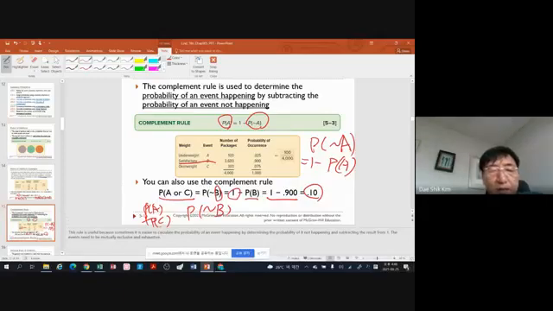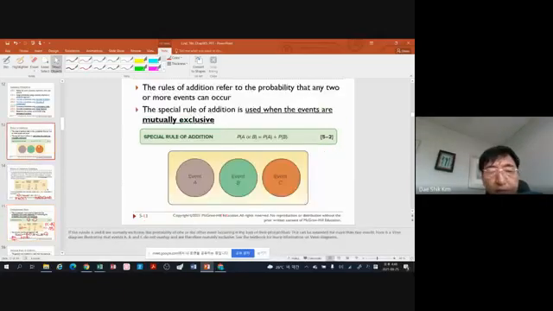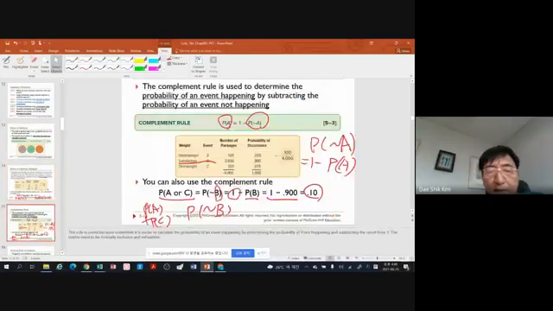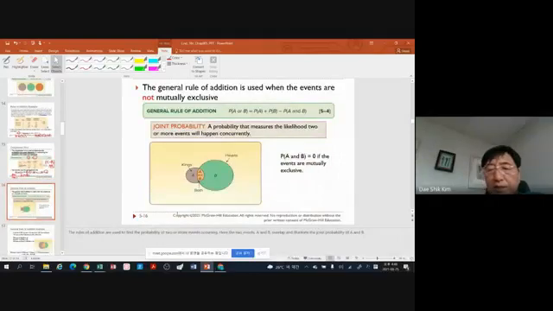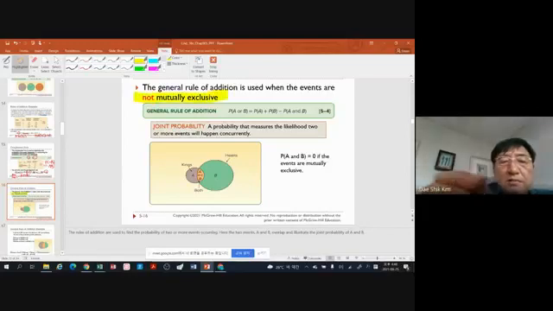You studied the addition rule, and the complement rule is learned. The general addition rule, if they are not mutually exclusive, is P(A) plus P(B) minus P(A and B).